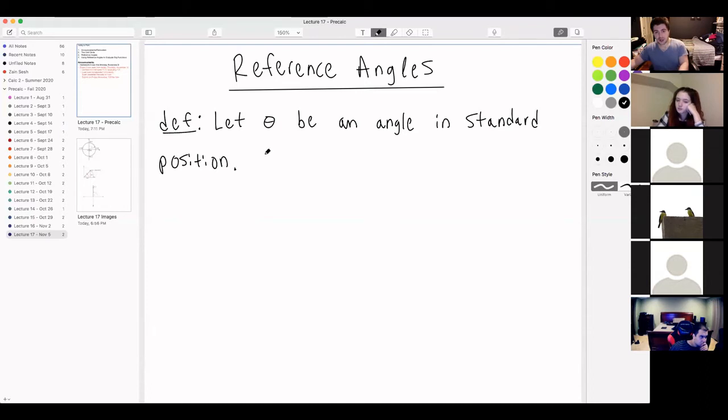Okay, so here we go. Then its reference angle. So here comes the definition, so I'll underline it.